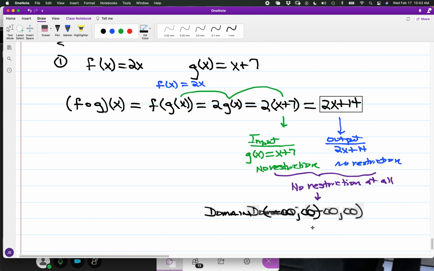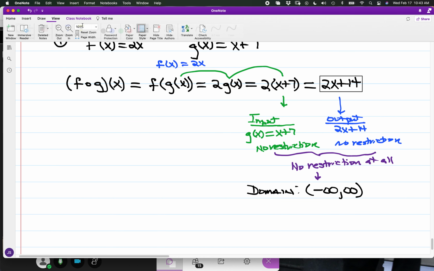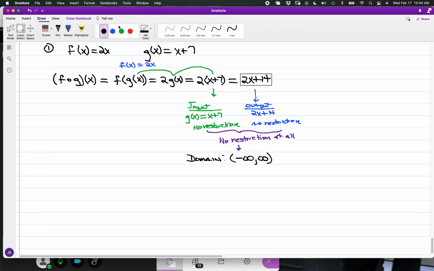Okay, and just a second and final case here. Now we have, just say if you have a radical. So you have f of x equal to the square root of x minus 2, and g of x is equal to 2x minus 14.